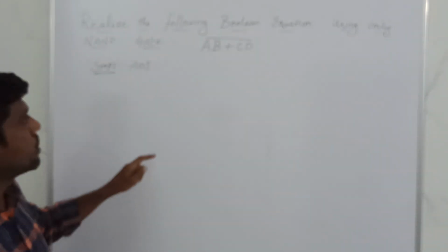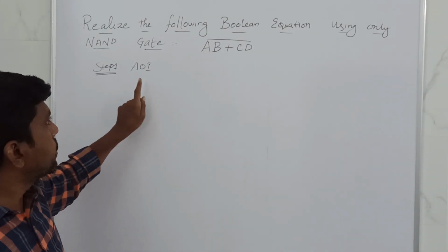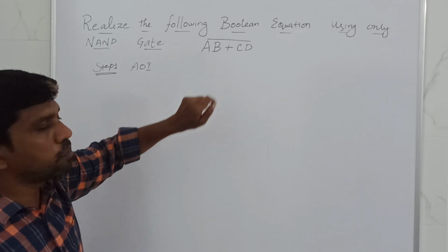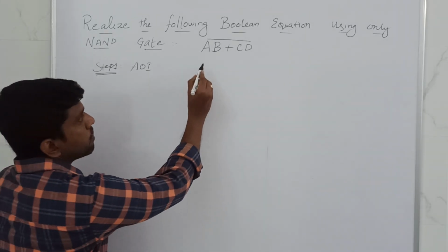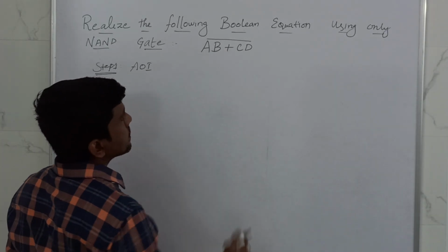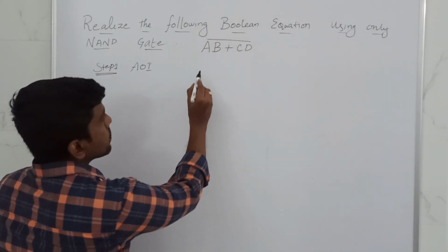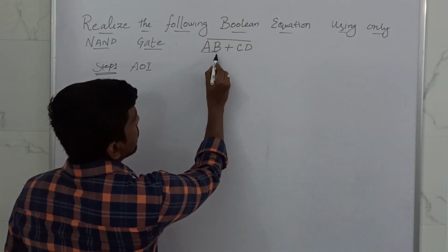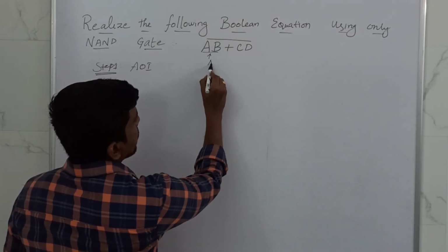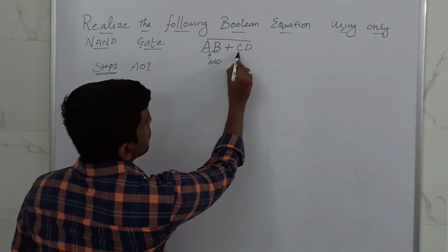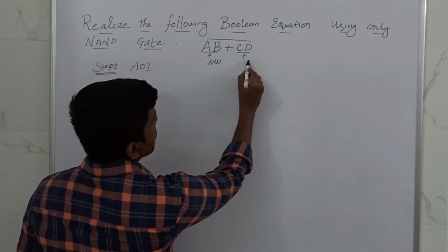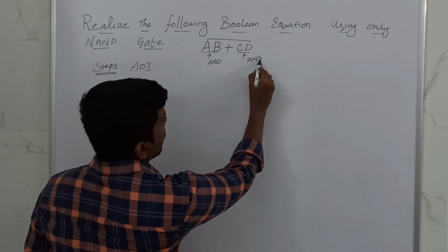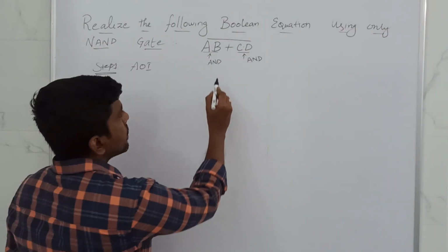First step, draw the logic diagram of the given Boolean expression by using AOI logic. Here the given Boolean expression is AB plus CD, the whole bar. A dot B requires one AND gate. C dot D requires another AND gate.